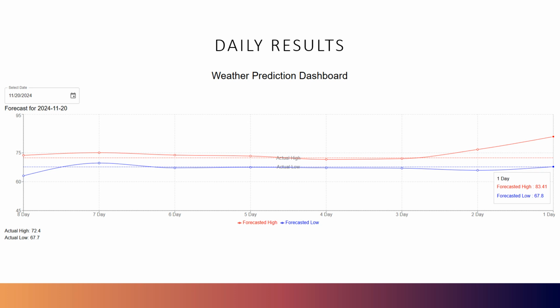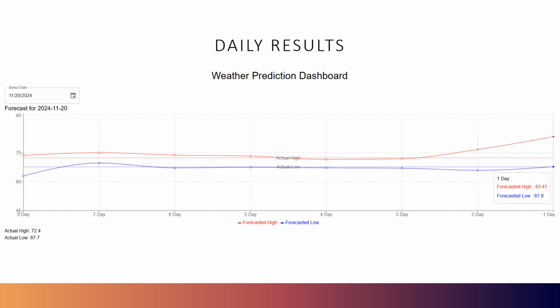But then for the next several days, the forecast is almost perfect. The 7-day, 6-day, 5-day, 4-day, and even the 3-day forecast is pretty accurate. But then the 2-day forecast for the high ends up being over-forecasted, a little bit hotter than it was.